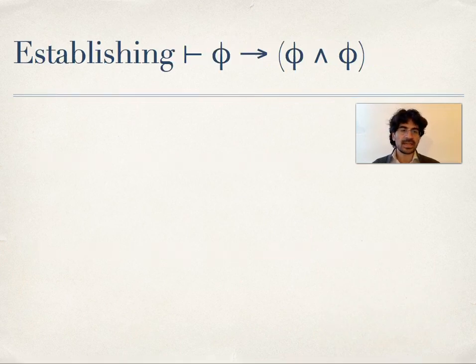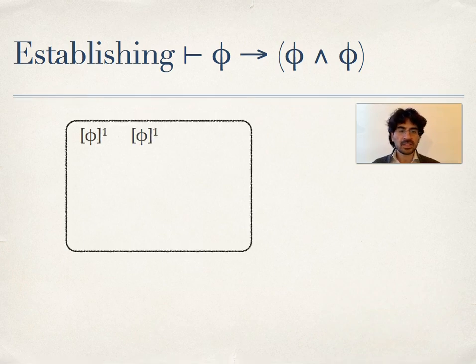Well, let's start with the simplest claim, that phi implies phi and phi. What we should do here, we start with assuming phi twice. So the square brackets that you see around the formula phi mean that we are assuming that formula, and we are labeling it with the number 1.